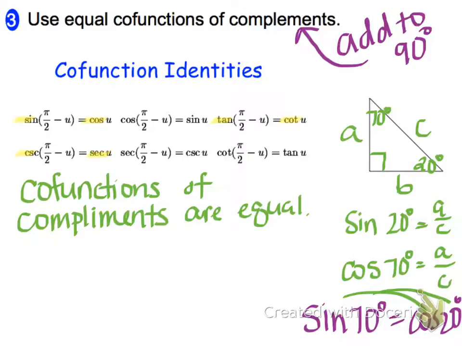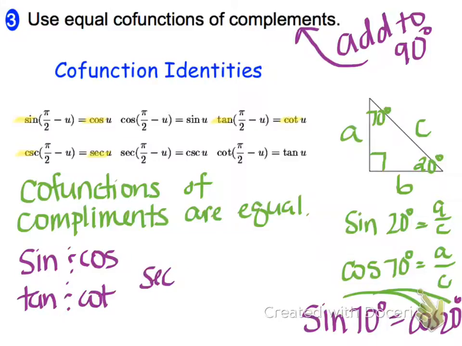Now let's look and see what our pairs of cofunctions are. The first ones are sine and cosine. We also have tangent and cotangent, and finally cosecant and secant. So sine and cosine are cofunctions. Tangent and cotangent are cofunctions, and secant and cosecant are cofunctions.